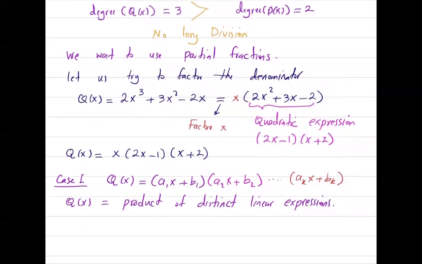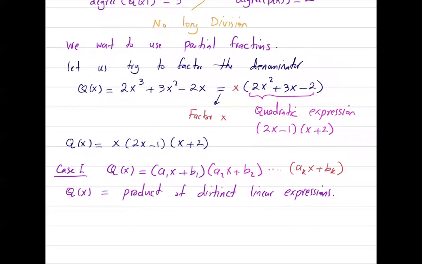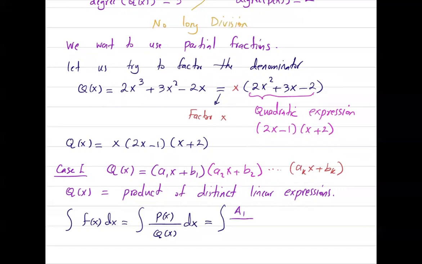So in that case, when you have the integral of f of x dx, which is the integral of p of x over q of x dx, this can be broken down into the integral of A1, which is an unknown numerical value that we need to figure out, divided by a1x plus b1, plus A2, another numerical value which we need to figure out, divided by a2x plus b2, plus A sub k divided by akx plus bk.